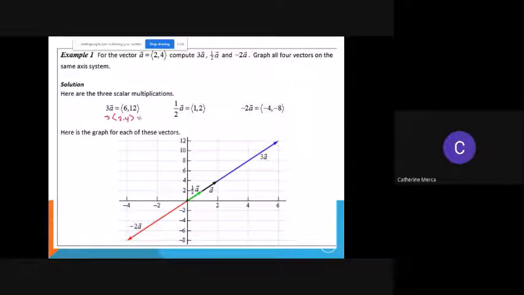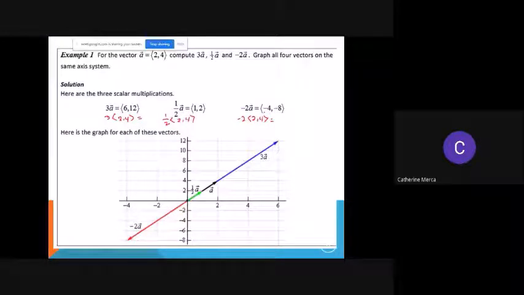And 1/2 times the vector A, which is (2, 4): 1/2 times 2 gives 1, and 1/2 times 4 gives 2. And negative 2 times the vector A, (2, 4), gives negative 4 and negative 8. It is represented by the following graphical representation.